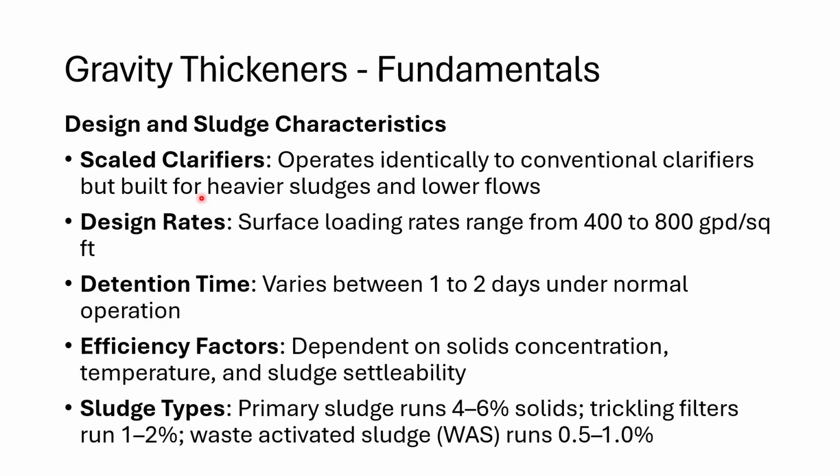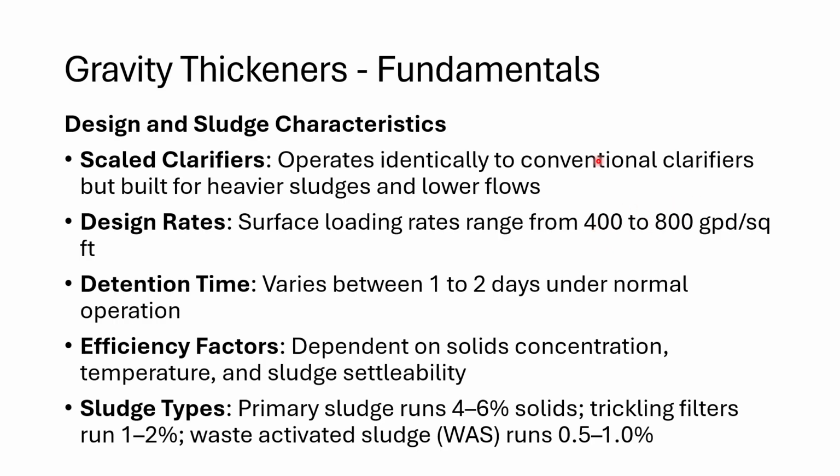Okay, the design rates that we're talking about, this is something you're going to see a few times in level 3 and level 4. May see it in level 2, but definitely will in a level 3 and level 4.